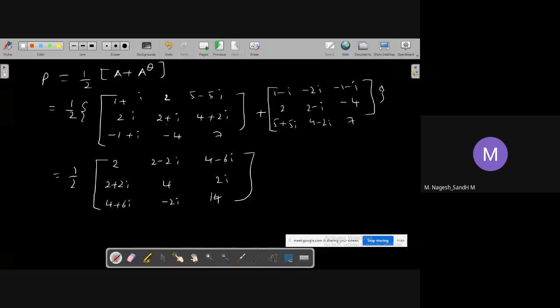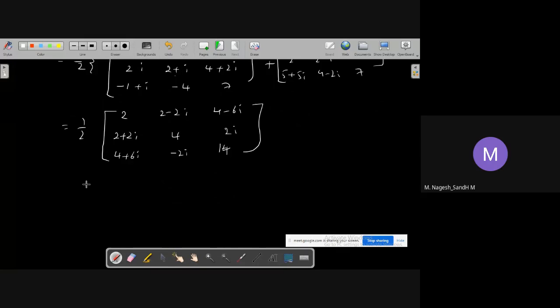Okay, you can take 2 common from this. 1 by 2 into, when you take 2 common, what is the value? 1 minus i, 2 minus 3i, 1 plus i, 2i, 2 plus 3i, minus i, next is 7.